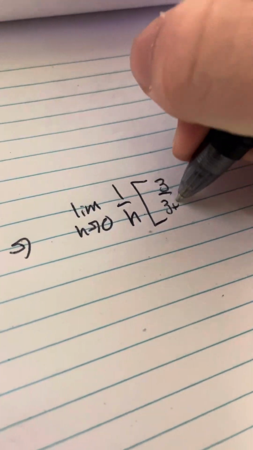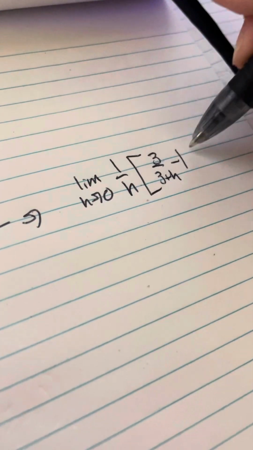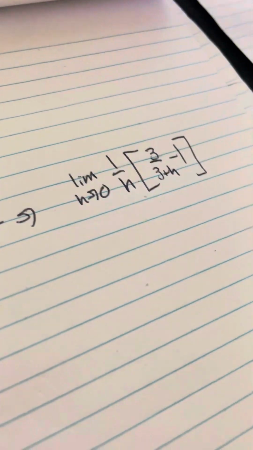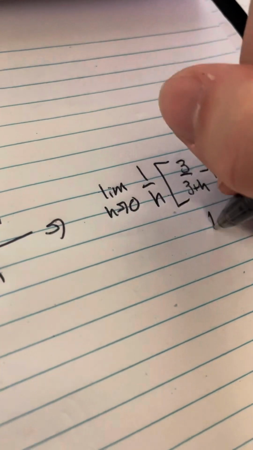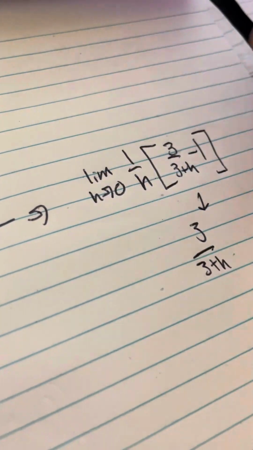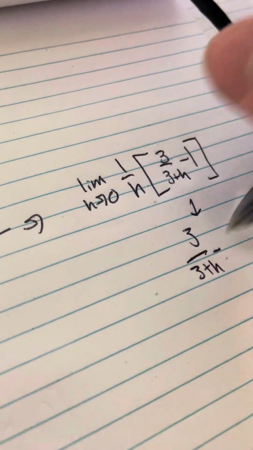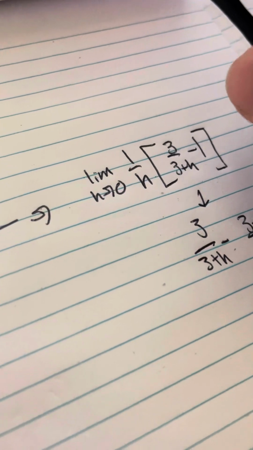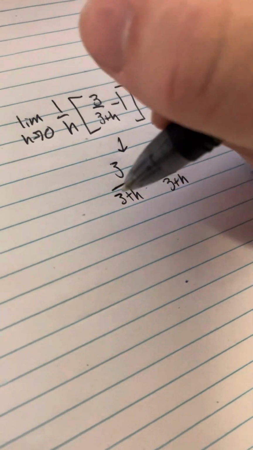And then what we have left is 3 over 3 plus h minus 1. And then so we just do common denominator, which will leave us with 3 over 3 plus h, and then we just multiply 3 plus h to the top and bottom, so 3 plus h over 3 plus h. And now we have our common denominator, so we can subtract.